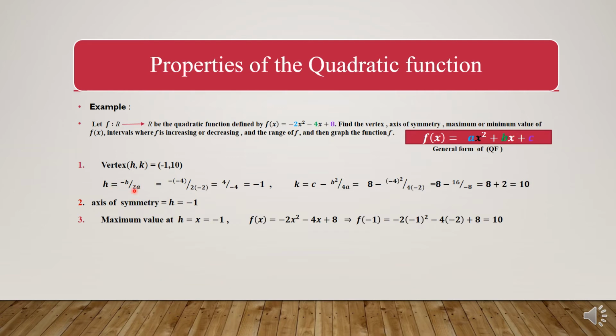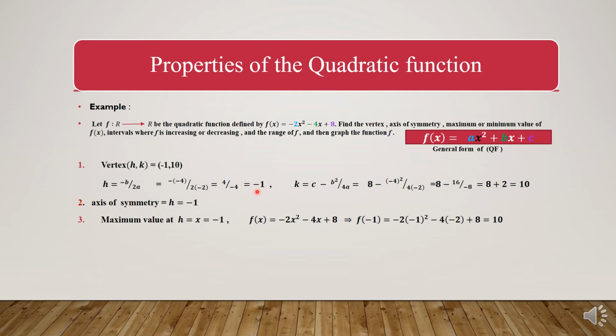For the h value you will have to memorize this formula: h is equal to minus b by 2a. So minus b. What is b? b is the coefficient of x. So we put minus 4 here, divided by 2a. a is the coefficient of x square, so minus 2.